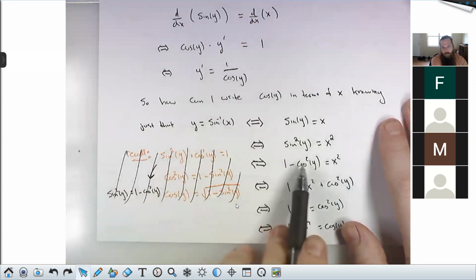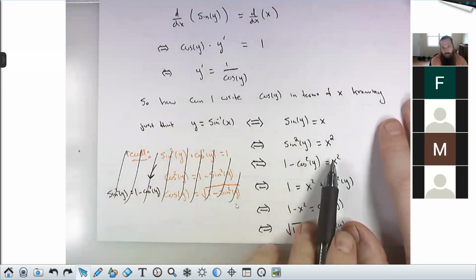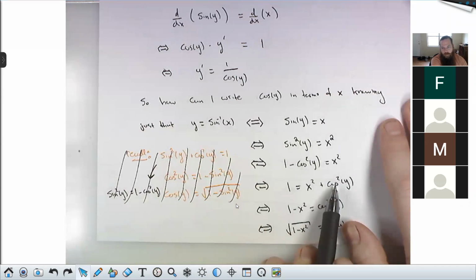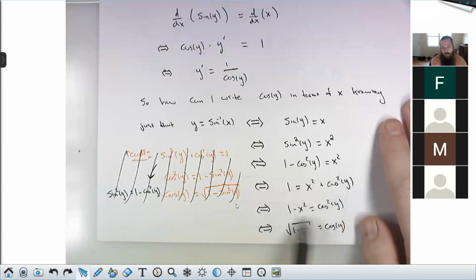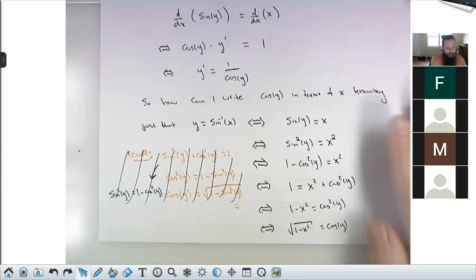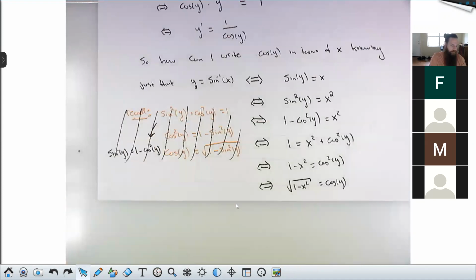So I've got 1 minus cos squared y equals x squared. I add the cos squared of y to both sides. So I'll have x squared plus cos squared y. And on the left, I just have 1. Now I subtract the x squared over here. And then I take square roots.